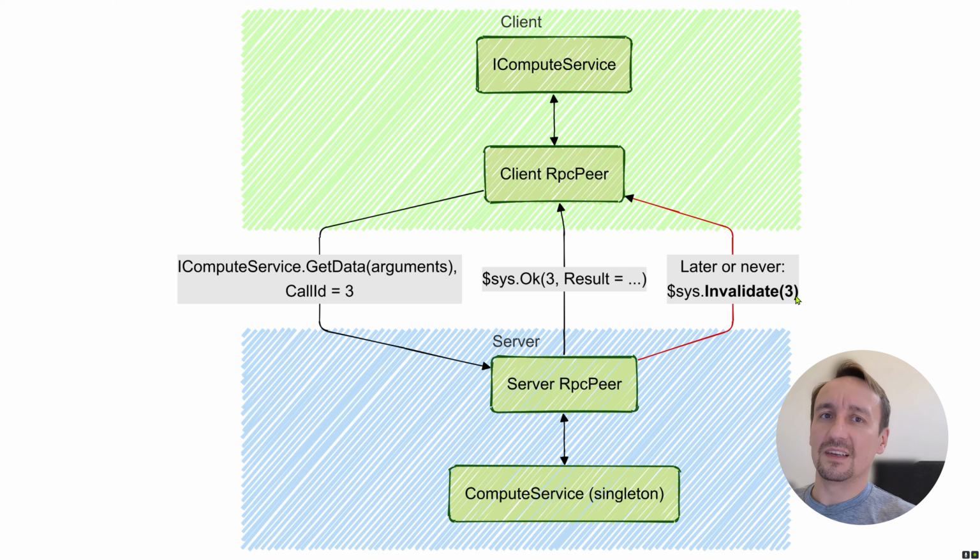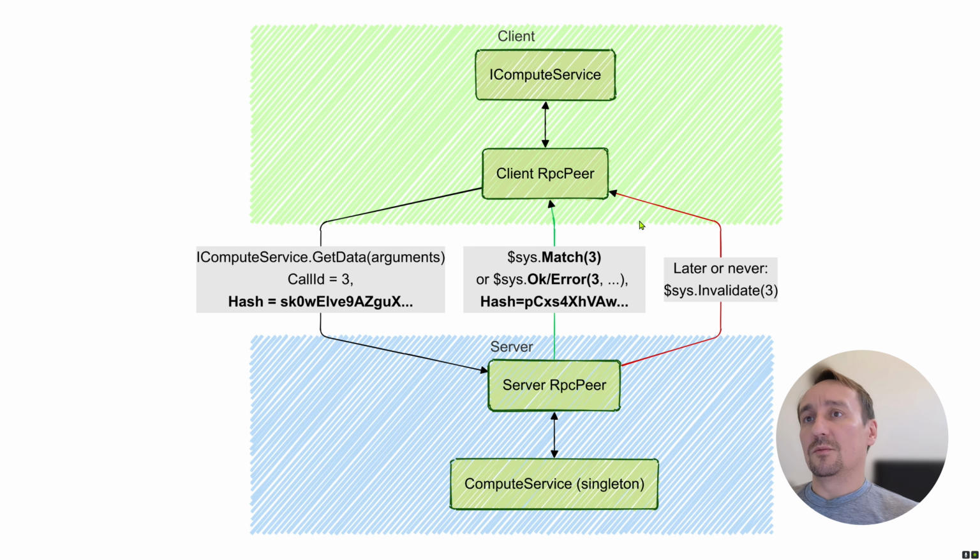It basically says that call number 3 is now invalidated. It's also worth mentioning that the Fusion protocol is designed with the assumption that the client may have an offline cache for any result it gets.